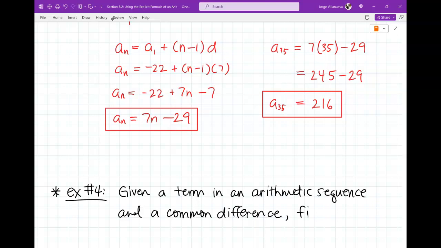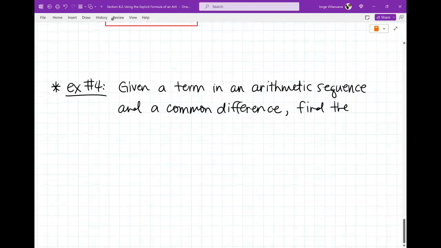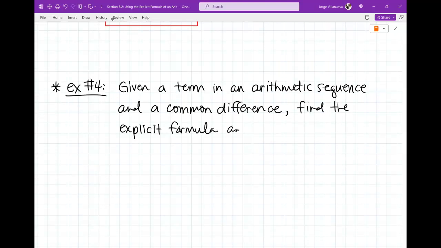So I'm just going to write it backwards. Find the explicit formula and the term name. This is the last one.